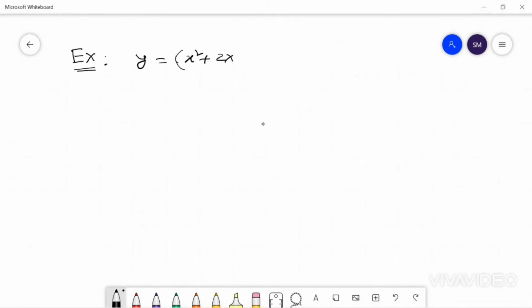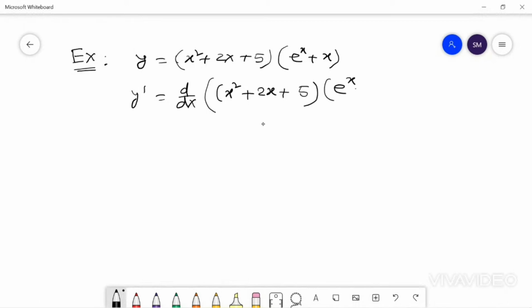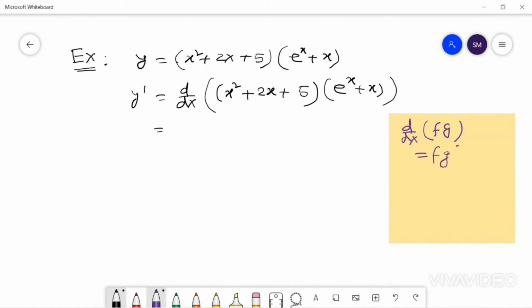Let's solve our first problem using the multiplication rule. By this rule we have y' equals d/dx of (x² + 2x + 5)(e^x + x). So we apply the multiplication rule here. The multiplication rule is given as f g' plus g f', which we did in the previous slide.